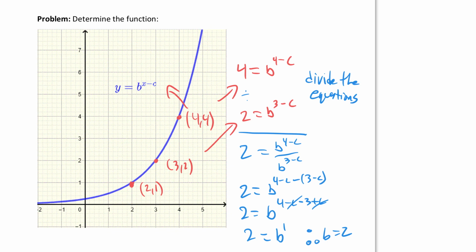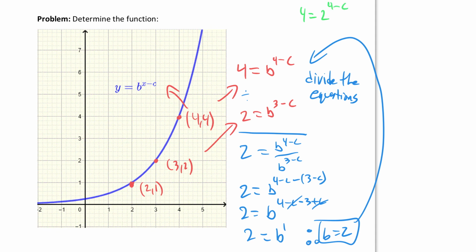If you have 2 points or 3 points or however many points you have, you can plug them in just like normal and then divide the equations to figure out the missing b value. Now that we know the missing b value, we can plug it into any equation we want, and we get 4 equals 2 to the 4 minus c.